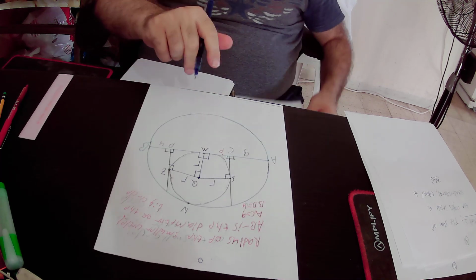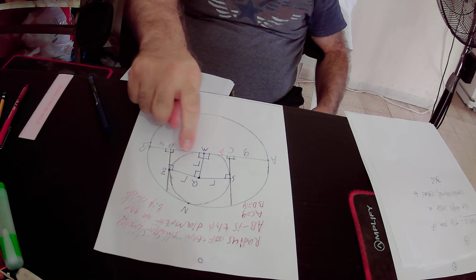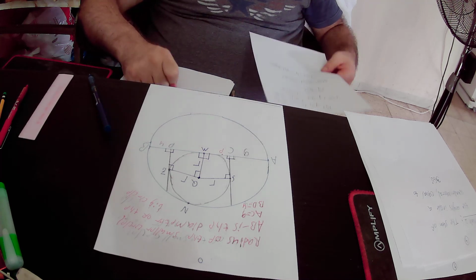Okay, this quadrilateral has four right angles. All of its inside angles are right angles.